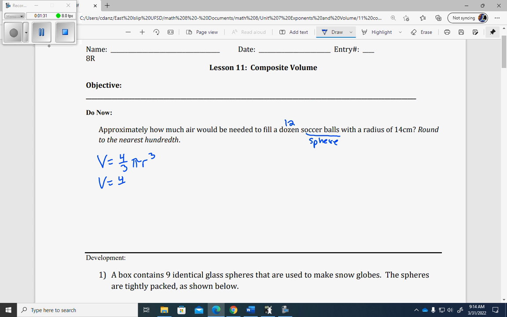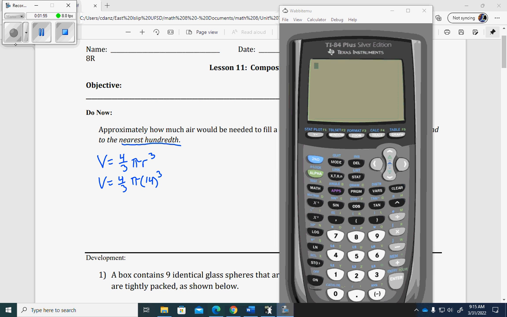Anyway, we're going to substitute in our numbers. The radius, they said, is 14. And it does say round to the nearest hundredth, which means pi is not going to be in our answer. I usually like to first find an exact answer and then write my answer in terms of the rounded answer. So remember, your calculator is a bit different than mine, but both of our calculators can do the same thing.